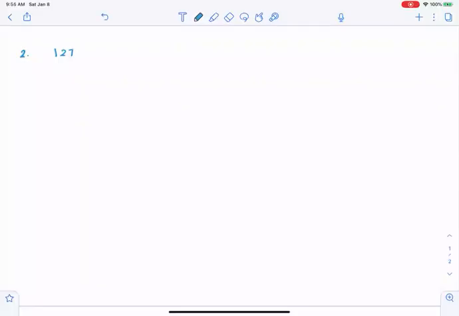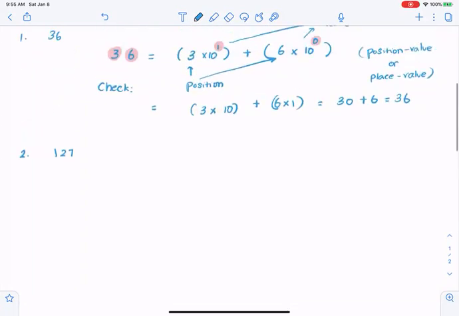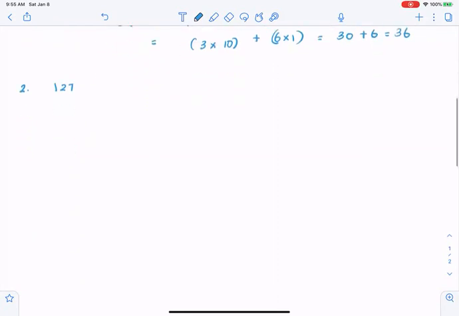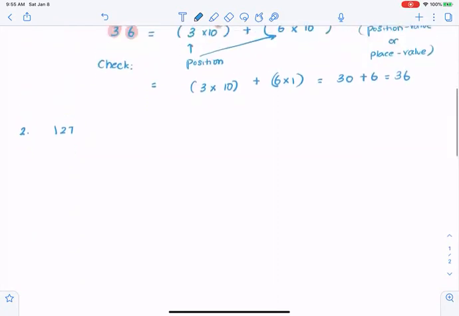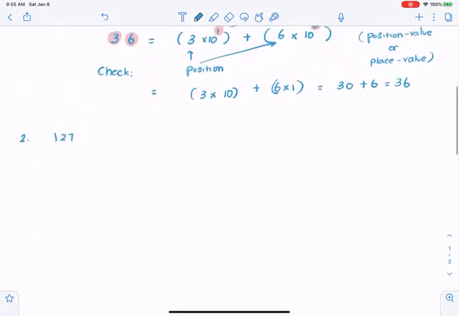So here we have the number 127. So 127 is bigger than 100, which would mean we need to have 10 squared in our expansion, because 10 raised 2 or 10 squared is 100. So there are 3 digits.